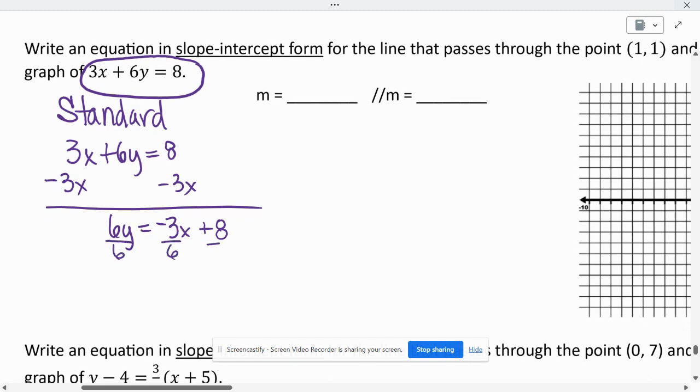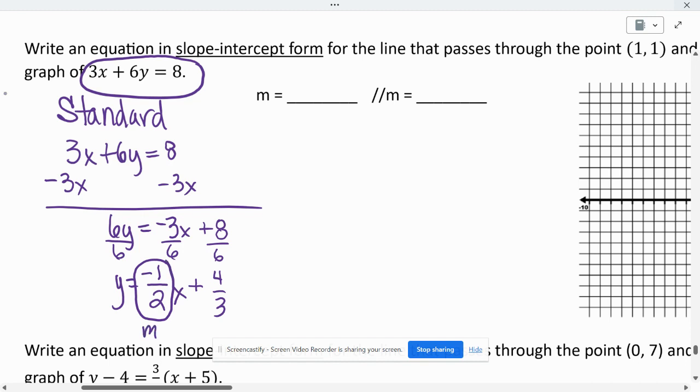And really, the only thing that I need to know is what am I looking for in this equation? I'm looking for the slope. So my slope is negative 3 over 6, which reduces to negative 1 over 2. 8 over 6, both of those can be divided by 2, reduces to 4 over 3. This is what I need. This is my slope.